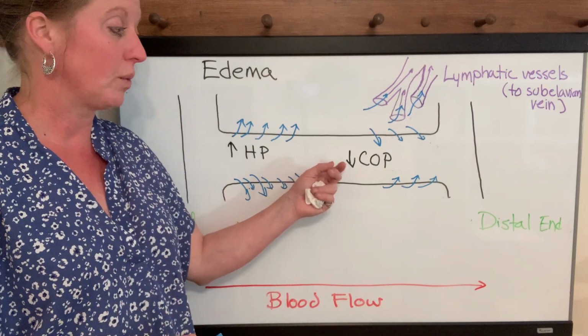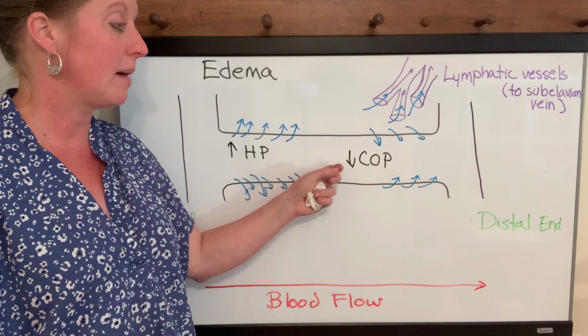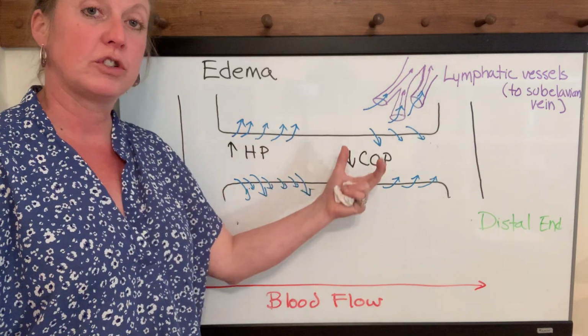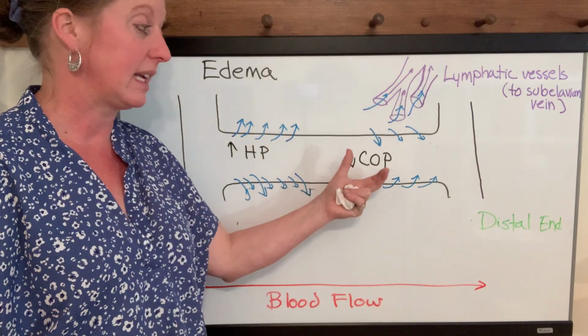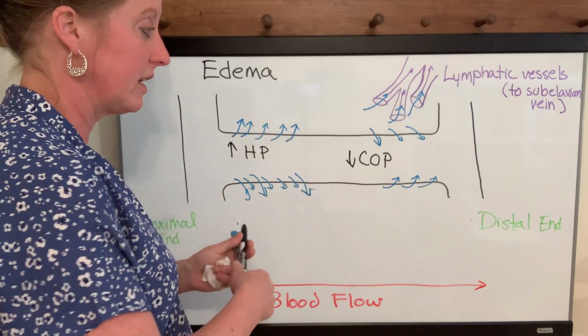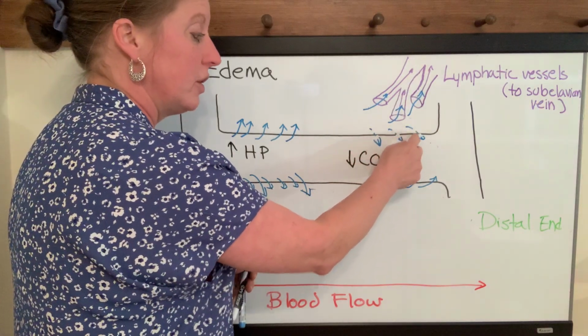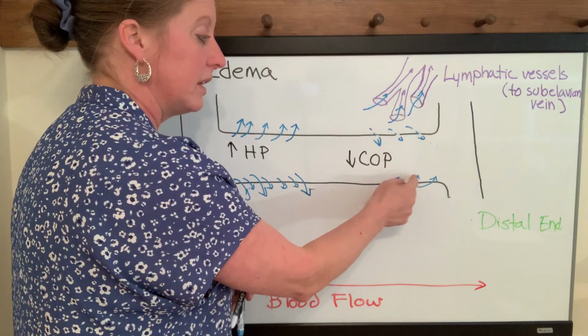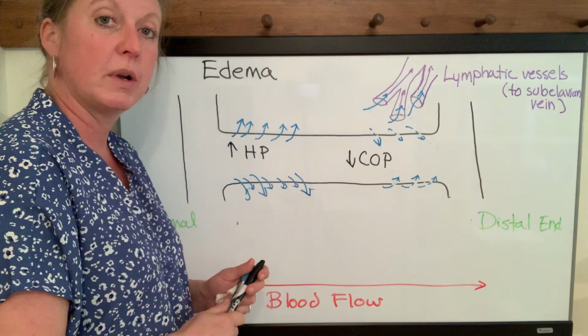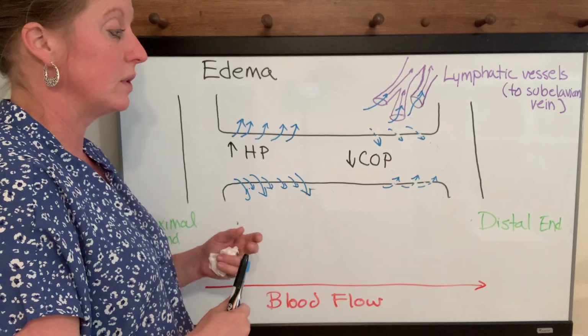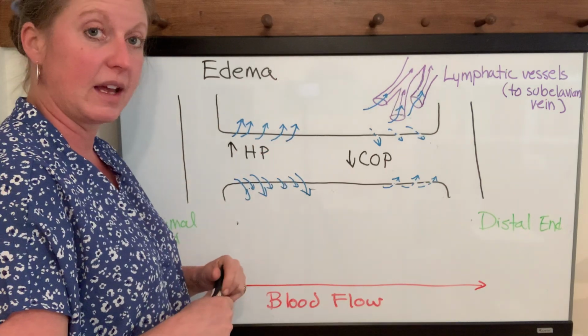And without adequate albumin in the capillaries, there's no way to attract all of the fluid back into the capillaries, and it stays out here. So when you have decreased colloid oncotic pressure, you have less ability to reabsorb the fluid that has been filtered outside of the capillary.